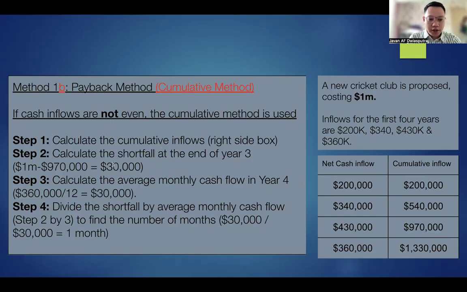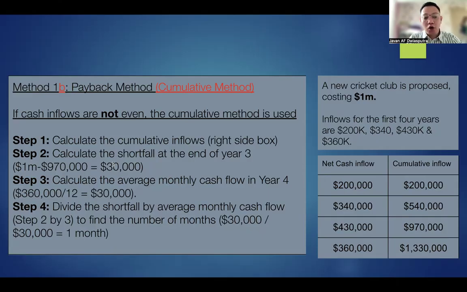The cumulative cash inflow is $200,000 in the first year, $540,000 in the second, $970,000 in the third, and $1,330,000 in the fourth. By the end of year 3, the cumulative cash inflow is $970,000, which is still below the initial investment of $1 million.